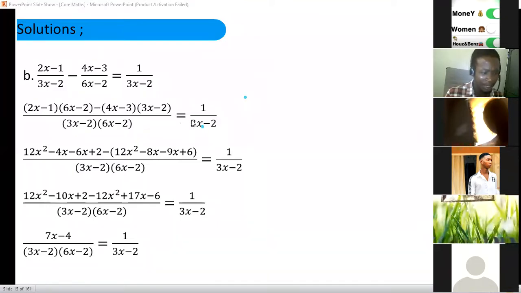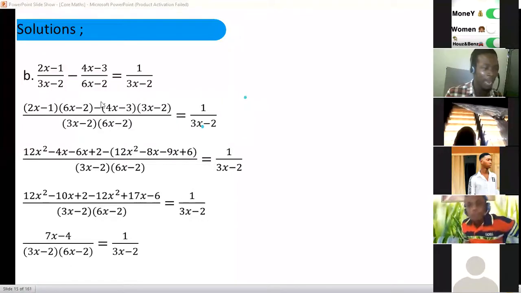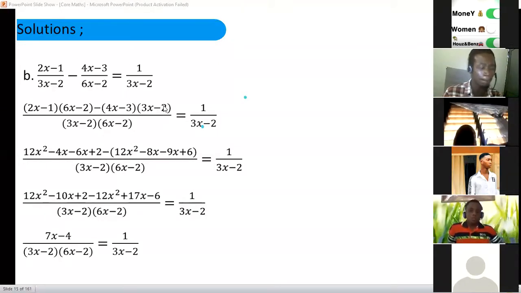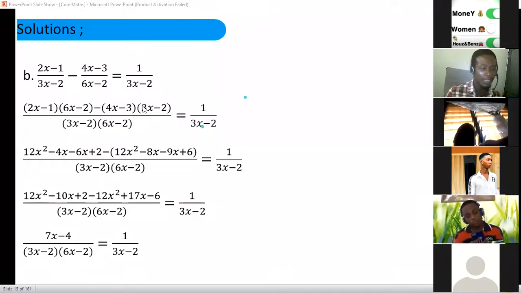That means this denominator at the right hand side in one bracket multiplying the whole of this, and the whole of this seems to be a binomial. Because this bracket and this bracket becomes one term, and minus 4x minus 3 into brackets 3x minus 2 also becomes one term. So in this case, the numerator here is complex when we cross multiply. So look at first, there's a need here. We need to simplify the numerator.